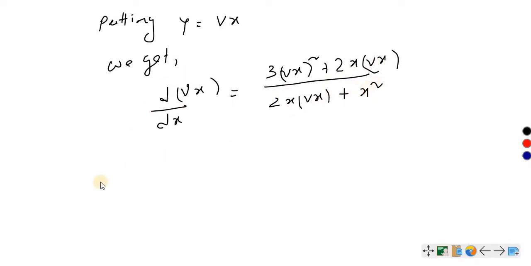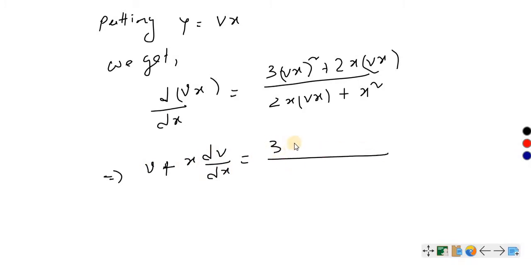So if you see this part, this can be written as V plus x dv by dx, which is equals to 3v square x square plus 2x square v divided by 2x square v plus x square.